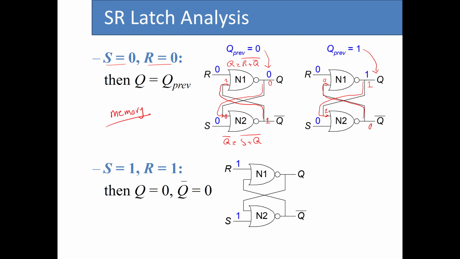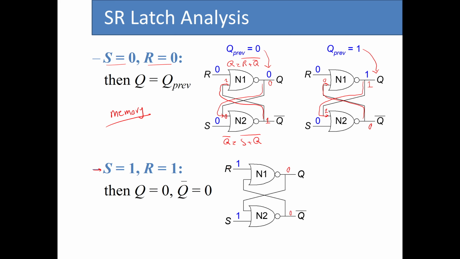There is one other case left, and that is when both S and R are 1s. When both S and R are 1s, we can know the output of these two NOR gates with certainty, right? We don't have to do any extra analysis. 1 NOR whatever is going to be 0. 1 NOR whatever is going to be again 0.